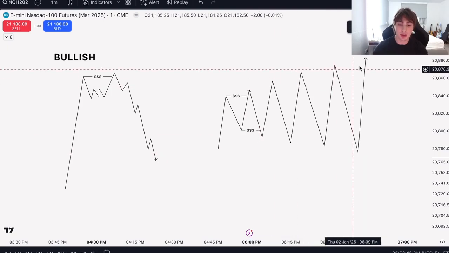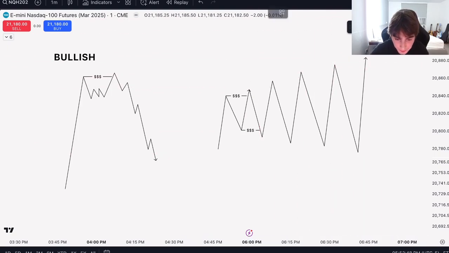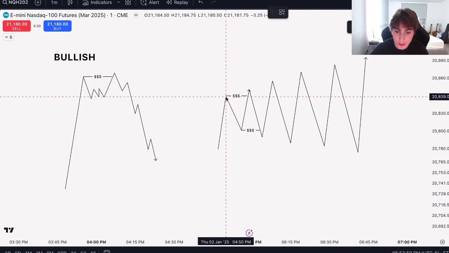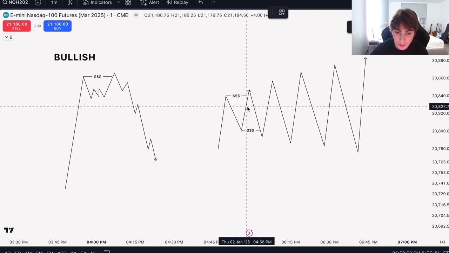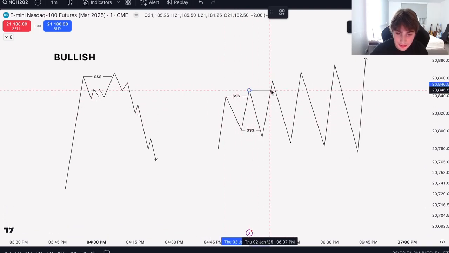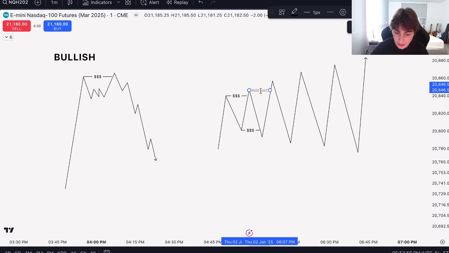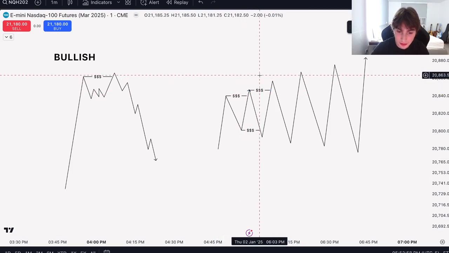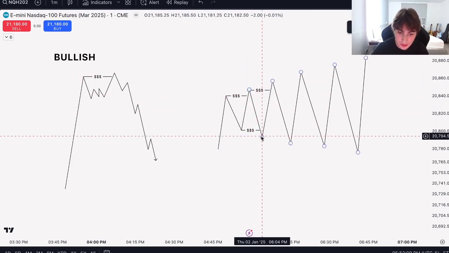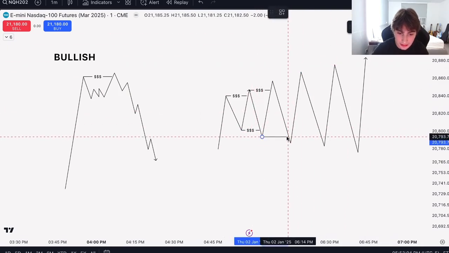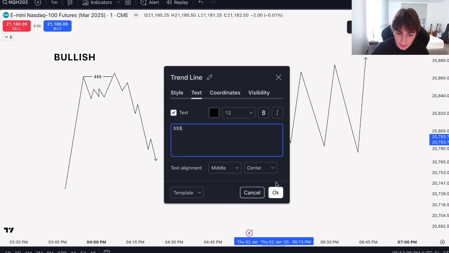Price seeks liquidity, okay? So notice what happens here. We create a high, we create a low. We then sweep the liquidity in this high. And so what happens when we sweep that liquidity right there is that we also create liquidity here. And now price goes to this low, sweeps this liquidity right here, and now we create liquidity down here, right? And then what happens?